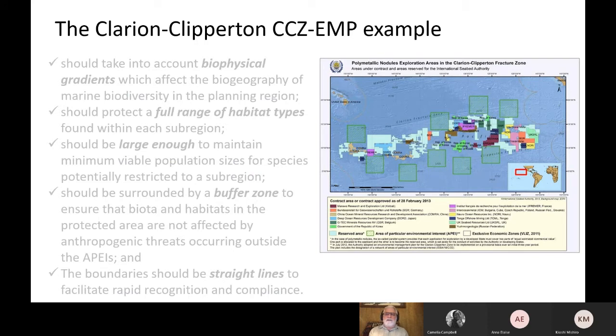And just to use this as an example, the CCZ environmental management plan took into account the biophysical gradients that affect biodiversity. They also prescribed that the areas should be large enough to contain species of interest. They should be surrounded by buffer zones, and the boundaries should be simple geometric shapes so they're easy to recognize.